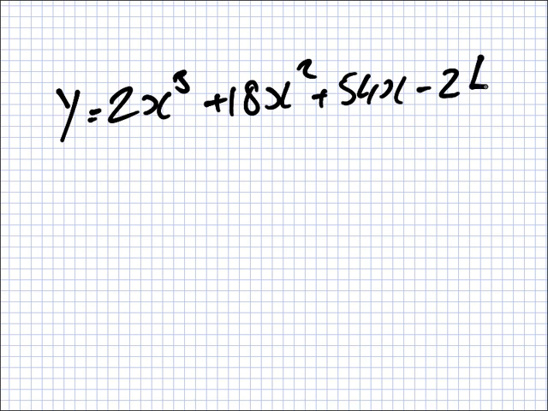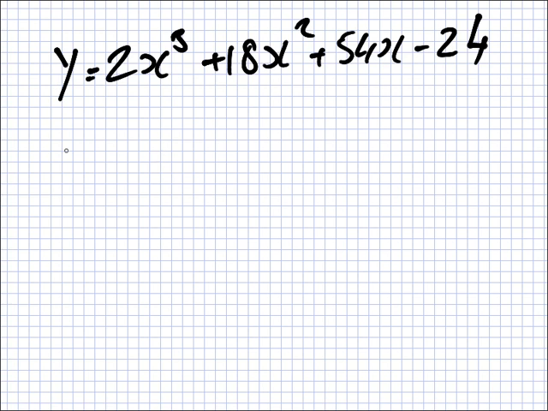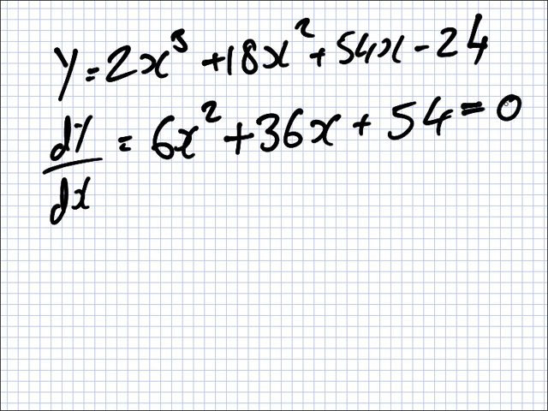Well, it'll do as the first example. This is a good example to show you a slight... Well, no, I won't say anything just yet. Okay, so let's get the derivative. 2 times 3, so 6x squared plus 36x plus 54, and we want to make this 0.